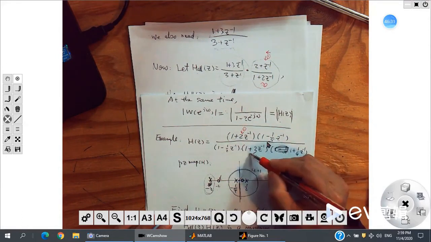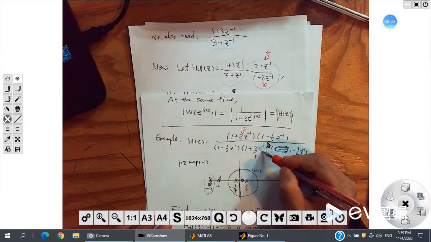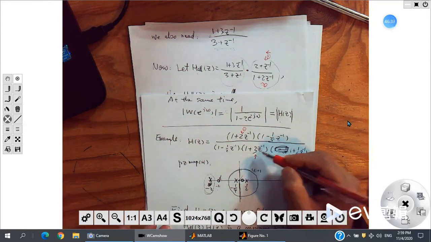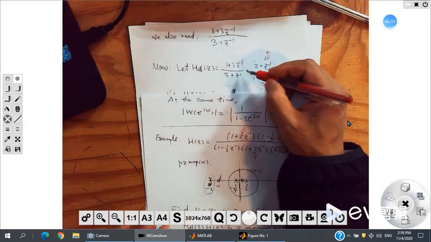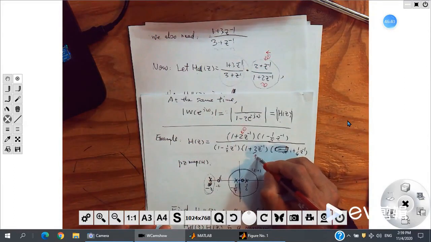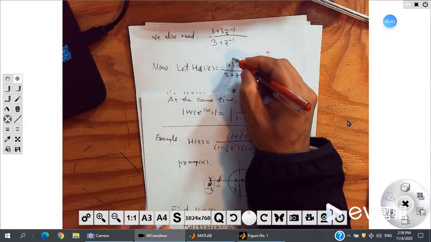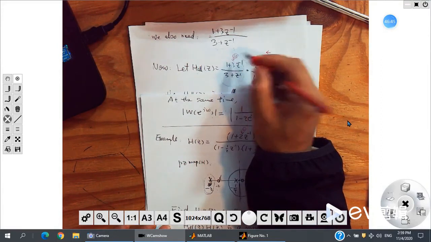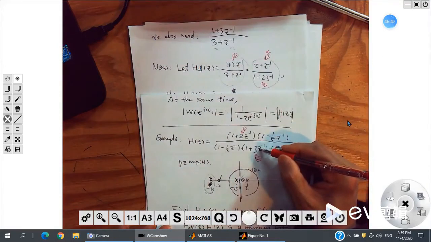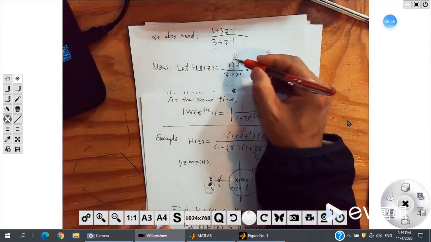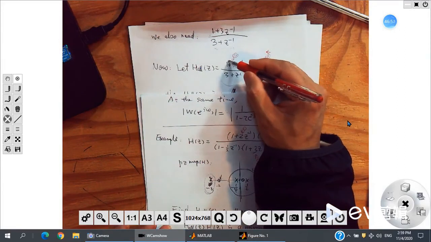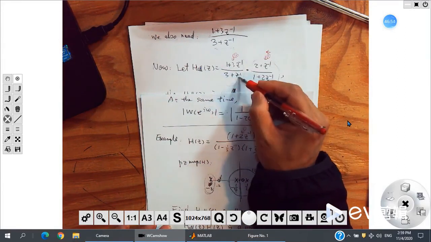We also need to cancel 1 plus 3z inverse in the denominator now. So we need to put this in the numerator, you see. Right? This can cancel this one. Then you also need this part to be an all-pass filter, so you add a denominator here.